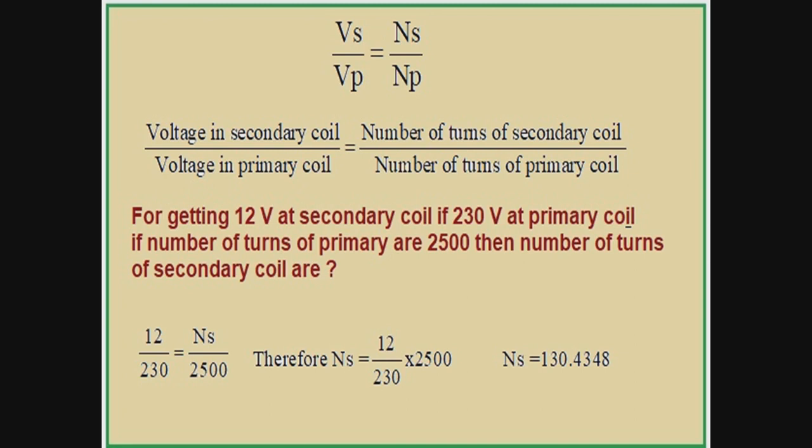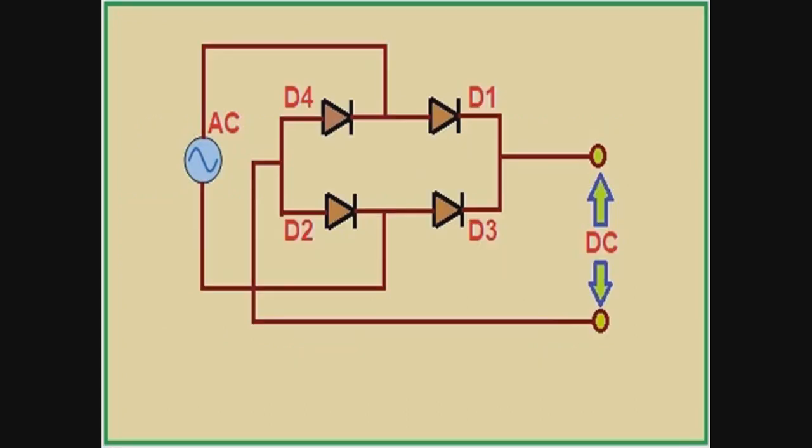When we want to use the transformer for mobile charging or laptop charging, there is a need for DC. For converting AC into DC, we require a rectifier. Now you can observe in the diagram, 4 diodes, D1, D2, D3, D4.